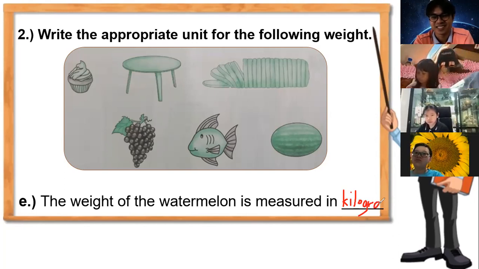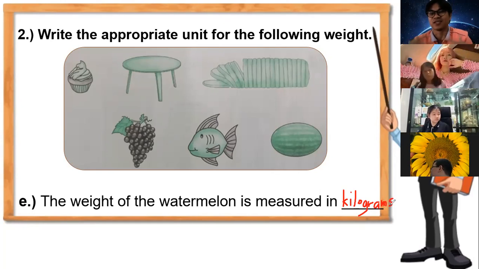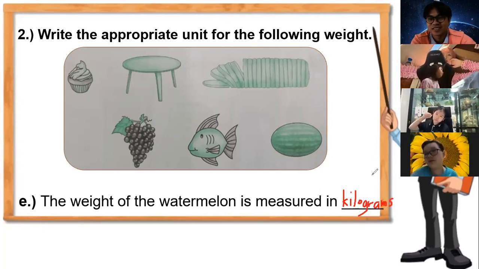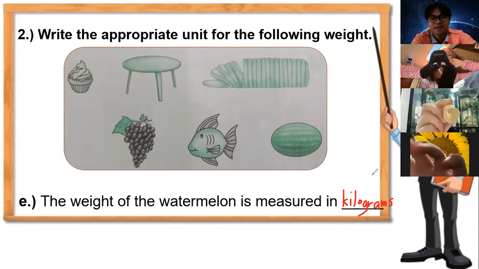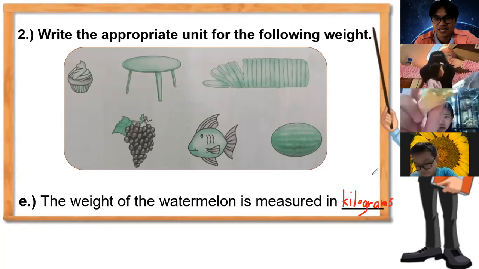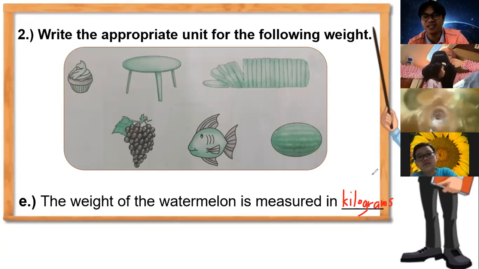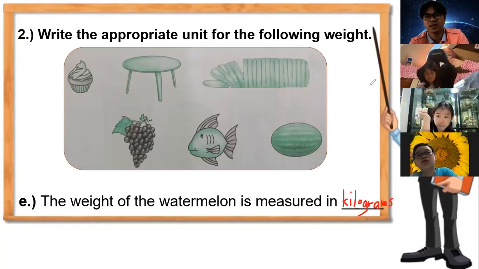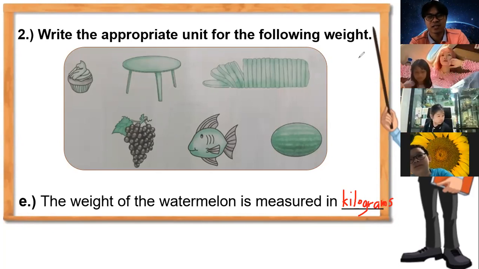So you have to eat fruits and vegetables for your good health so that you will have a healthy body. It's until letter E, and these are the appropriate units for these pictures.